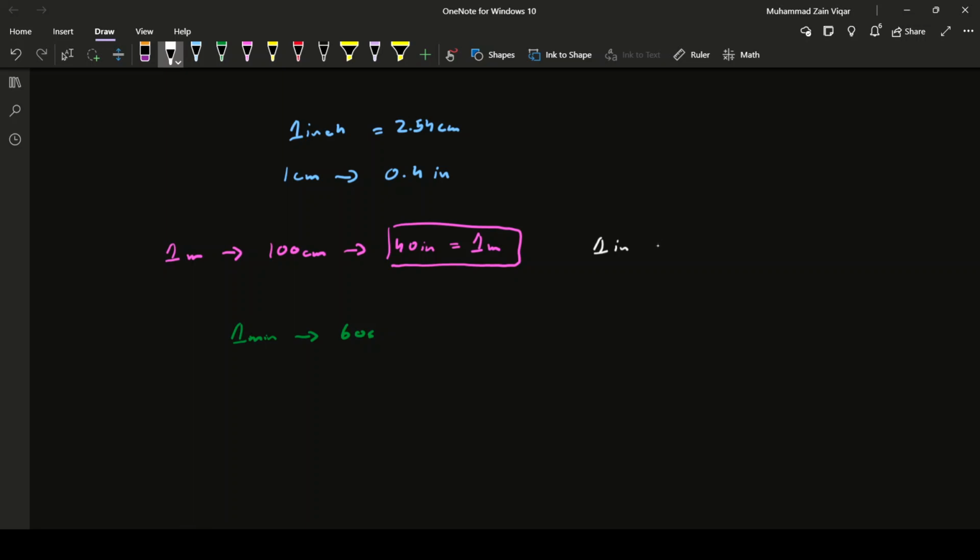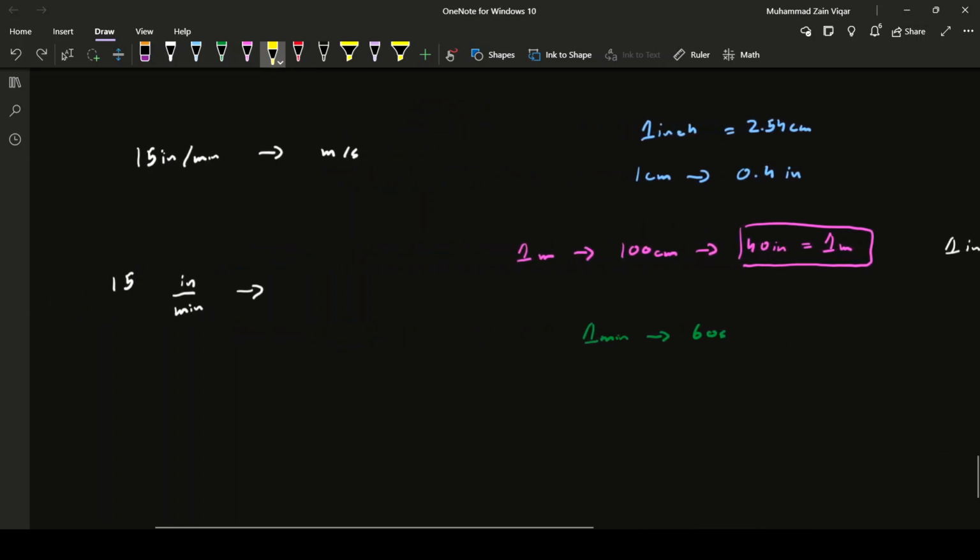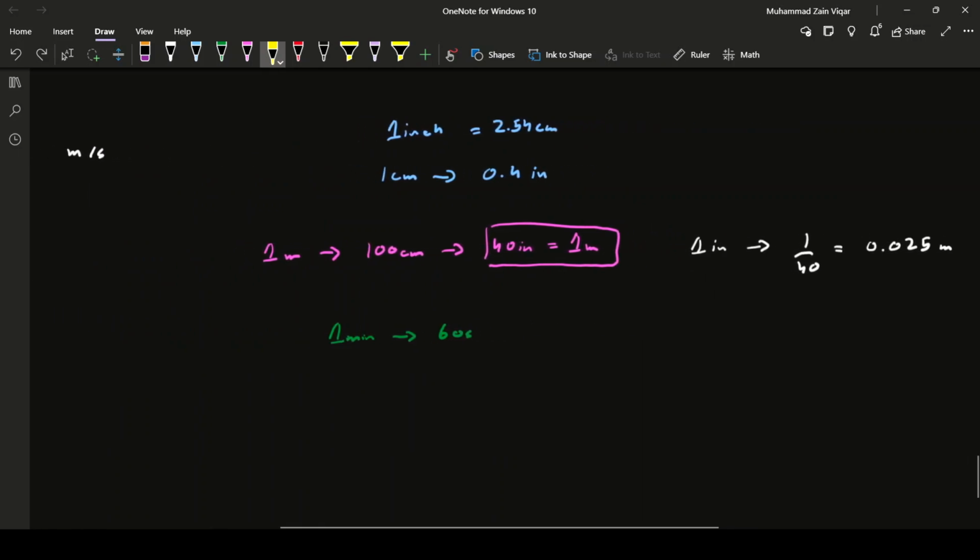We could have just converted this straight away, 1 over 40, and this would have been equal to 0.025 meters. We could have also obtained this by simply dividing this by 100 as well. So this is what we get, 0.025 meters. That's 1 inch. That is what 1 inch is equal to.